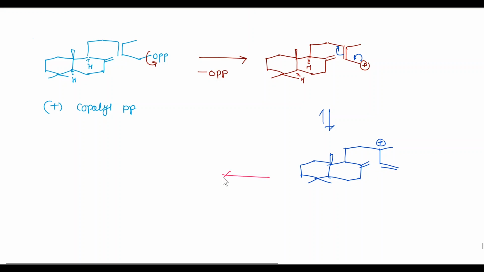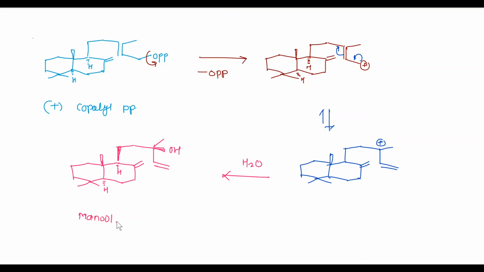In the next step, on addition of a water molecule, we get the double bond, CH3 and OH, with Me above the plane and hydrogen below the plane. So this is the biogenesis of manool from GGPP.